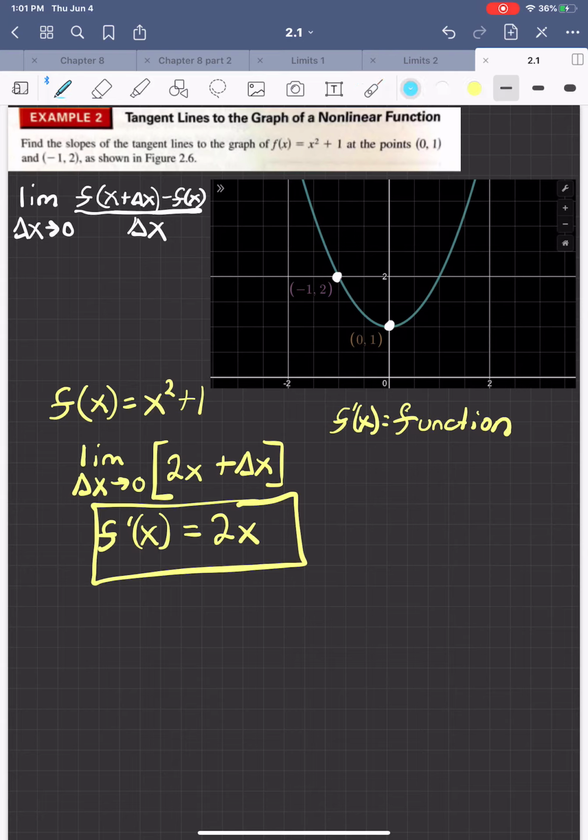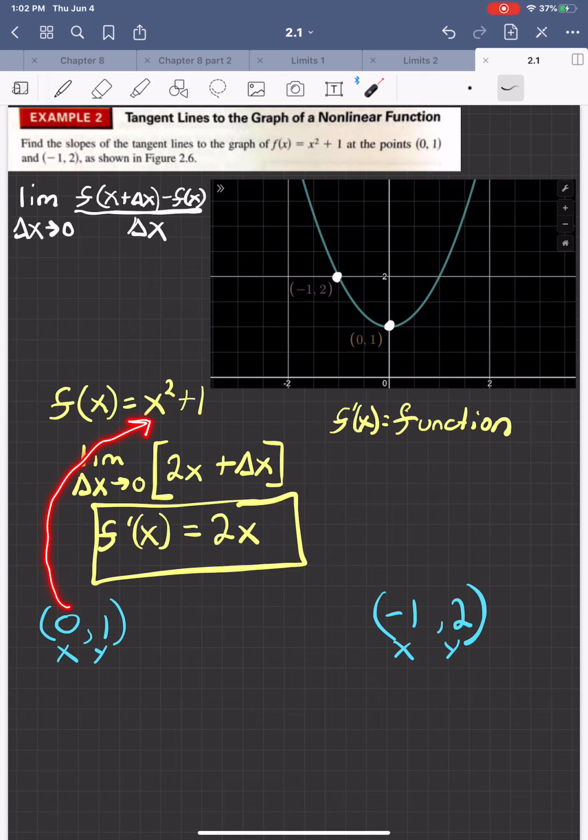So remember, the 2 points that are of interest to us are the point (0, 1) and the point (-1, 2). Let's state the obvious: we have x, y. If you want to know the y value, you plug x into your original function.